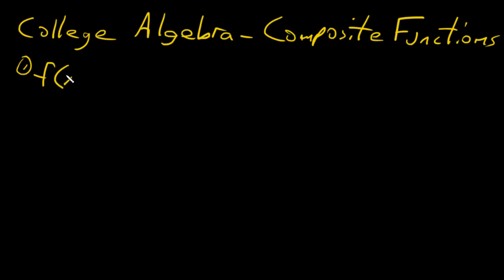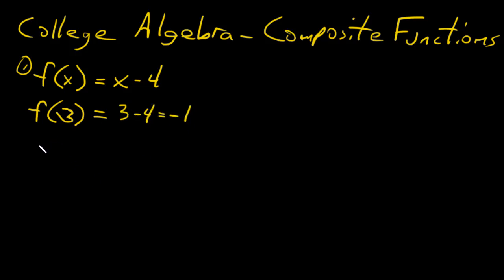So if I had f of x is equal to x minus 4, what would f of 3 give me? Well, f of x is x minus 4. F of 3 would be 3 minus 4, which would give us a negative 1.